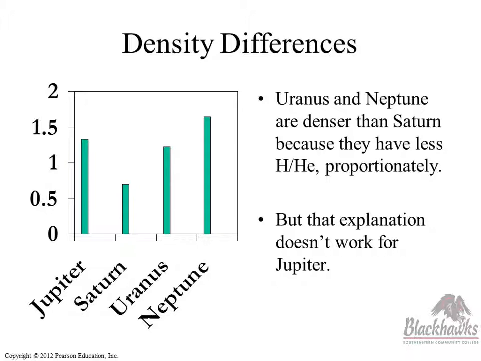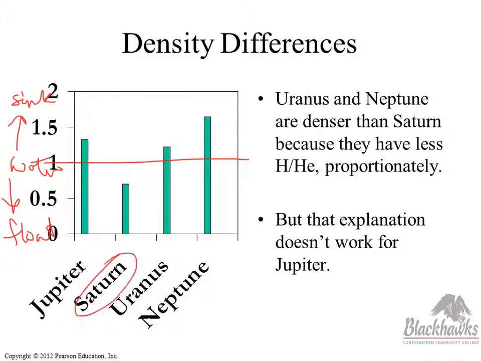So notice that Jupiter is more dense, more packed than Saturn. Saturn's fluffier. Now the cool thing about the number 1 there is that's the density of water. So anything that is more dense than water would sink, and anything that's less dense than water would float.